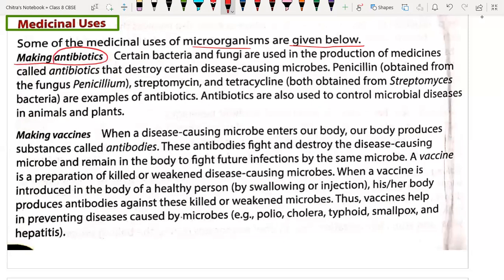Any idea about antibiotics? I'm just going to explain. Antibiotics are drugs which are used to kill or to stop the growth of microorganisms called bacteria.